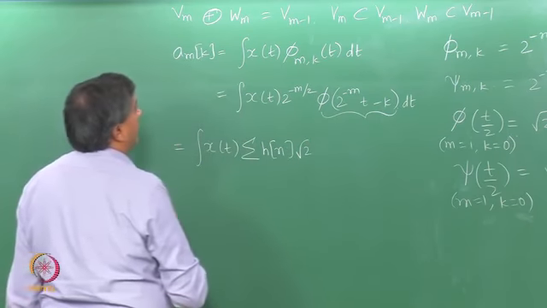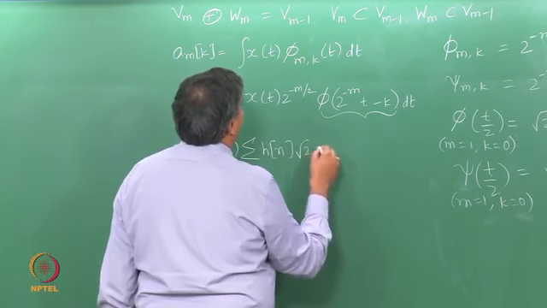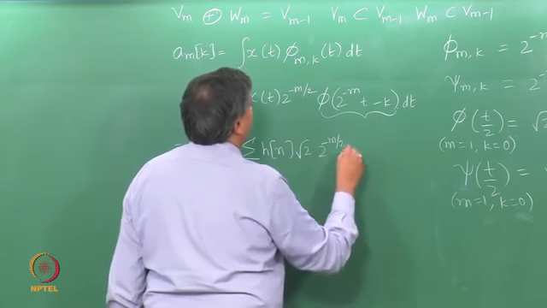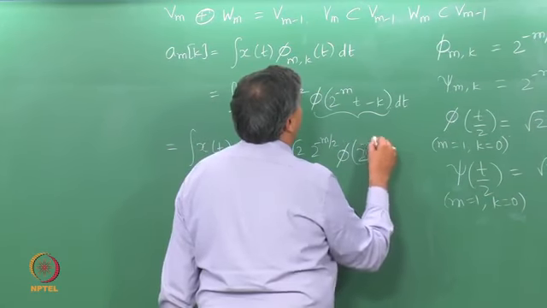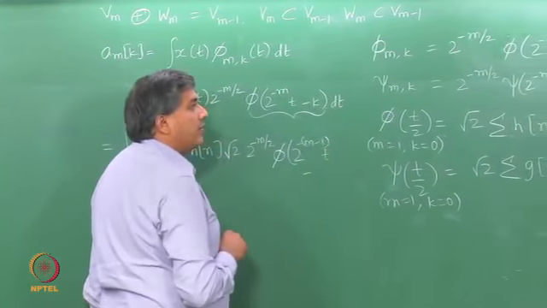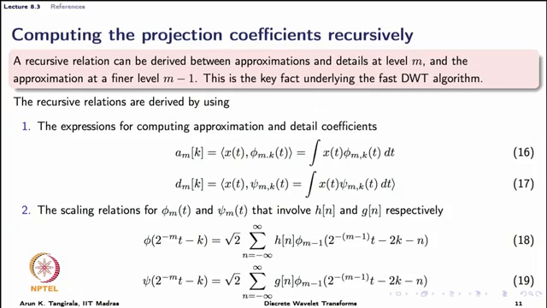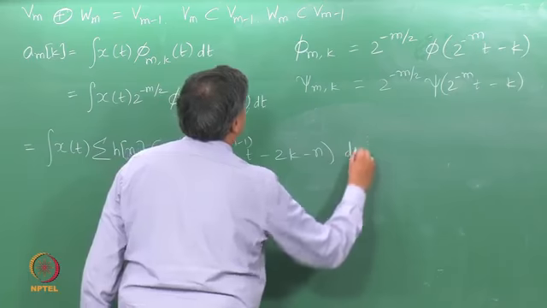So, let us write sigma h n here root 2 and then I have 2 to the minus m by 2 already here times phi of 2 to the minus m minus 1 times t minus 2k minus n dt.